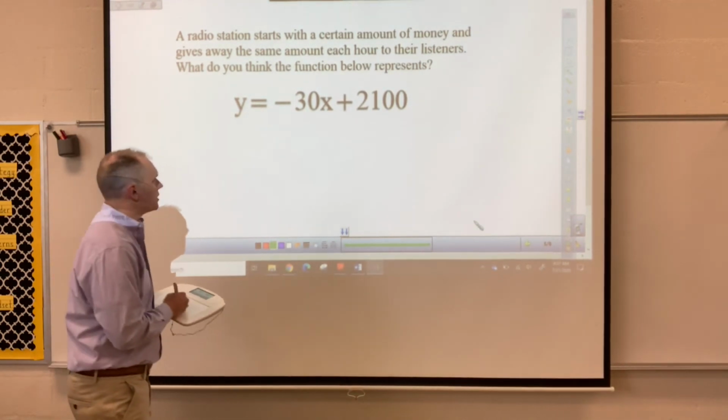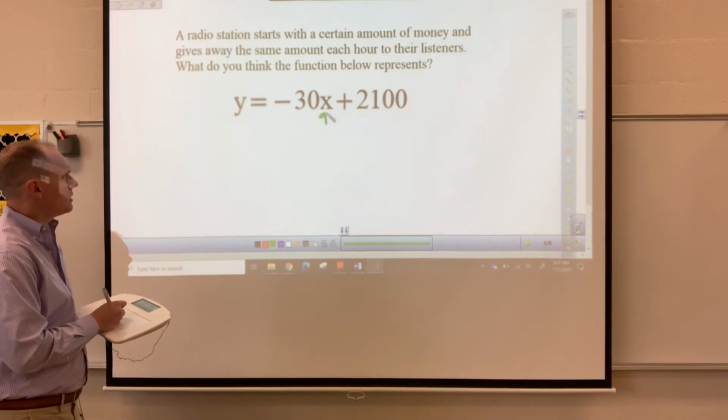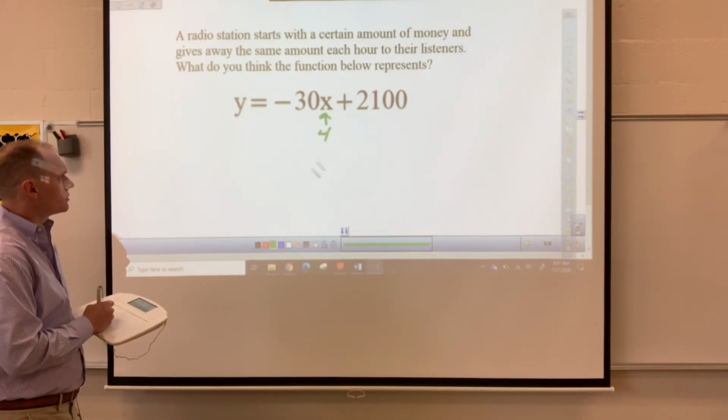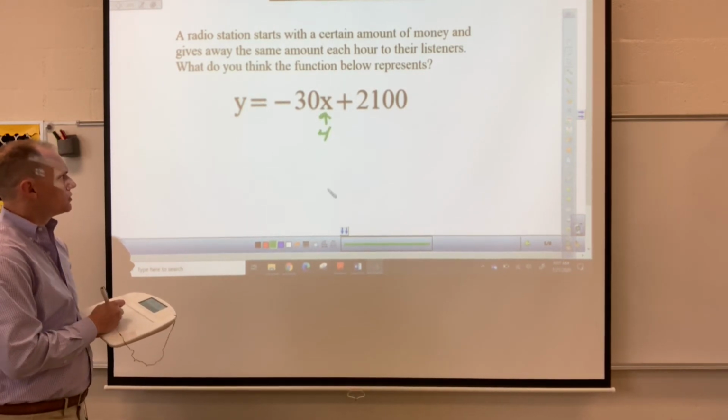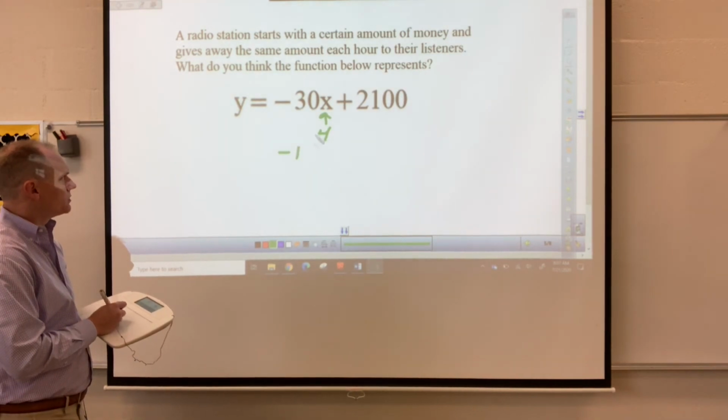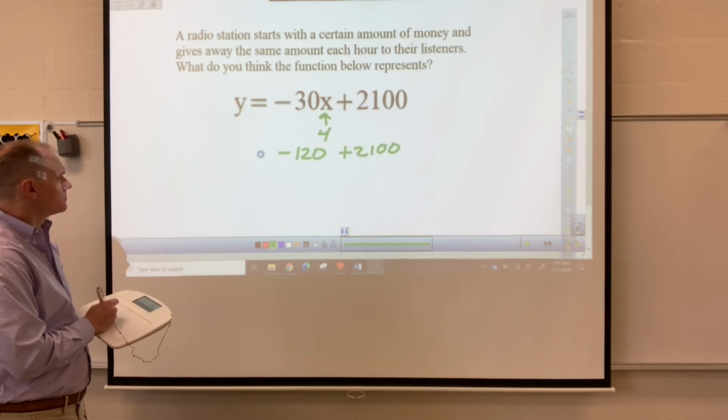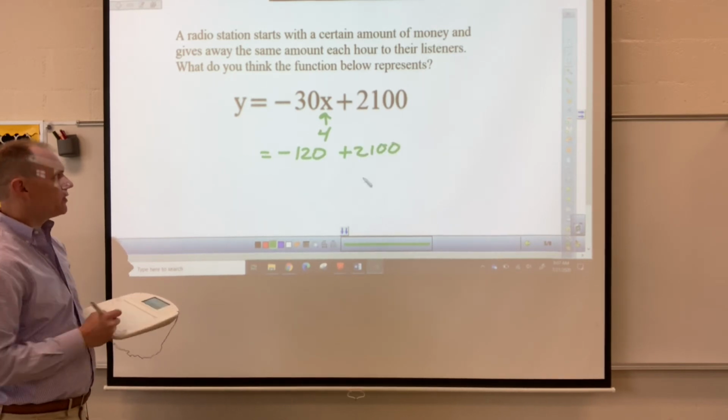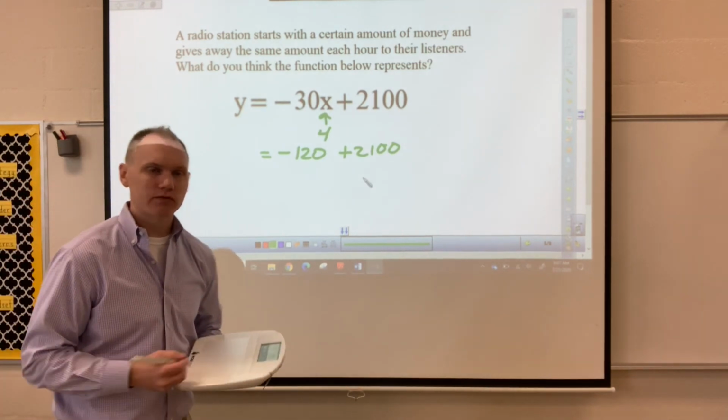So if we were to input here, let's say 4 hours. So that's going to be negative 4 times 30 is 120 plus 2,100. And we can figure out how much money we have left after 4 hours.